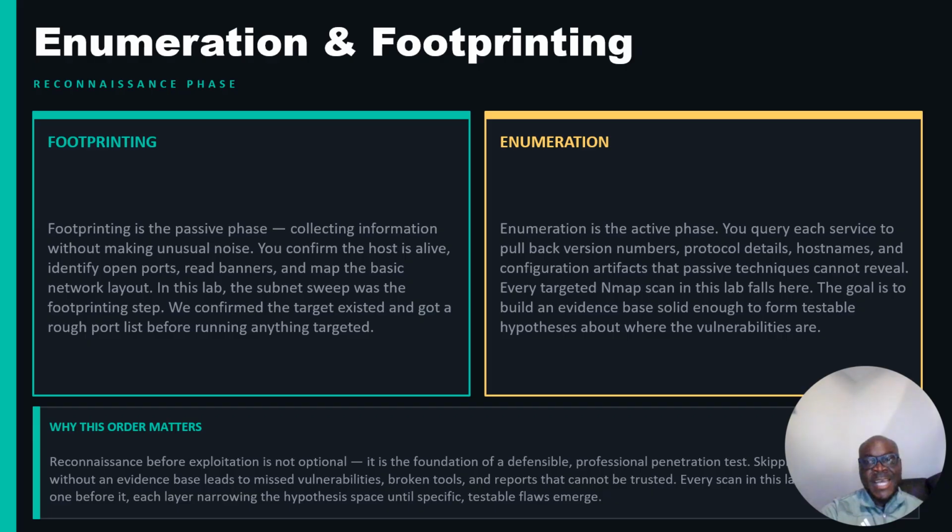We confirmed the target existed and got a rough port picture. Enumeration is active. You are now querying each service specifically, pulling version numbers, reading protocol handshakes, extracting configuration data. Every targeted Nmap scan in this lab is enumeration.